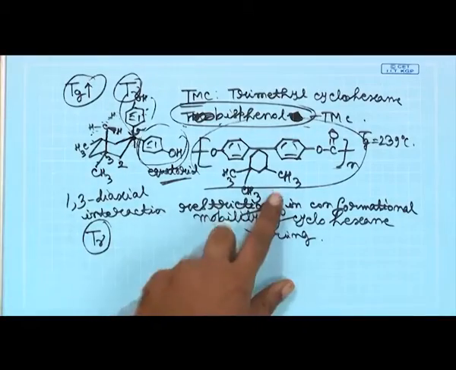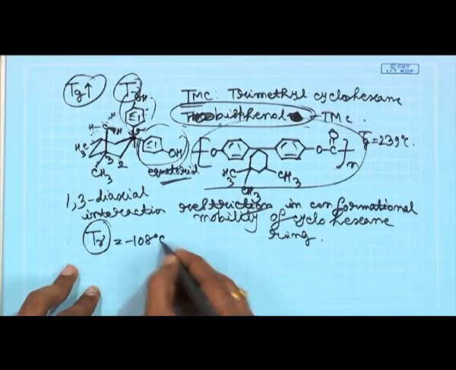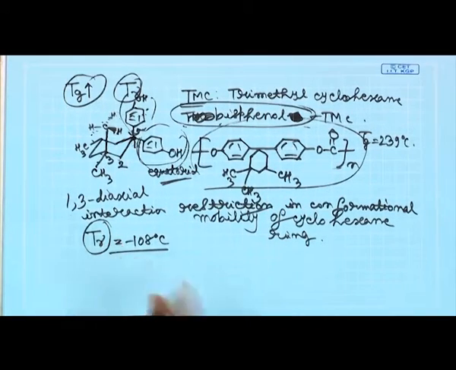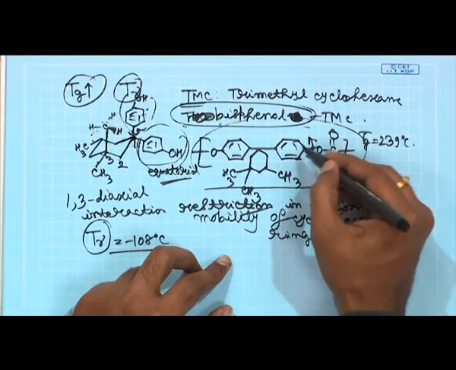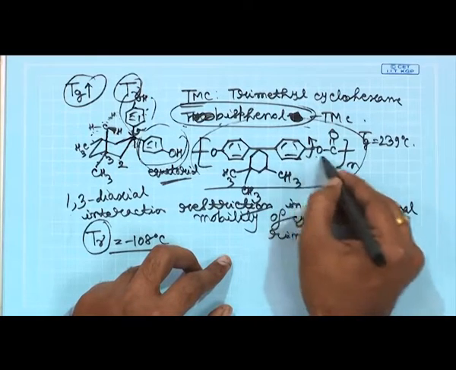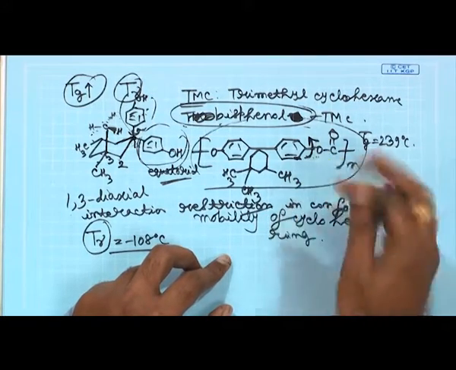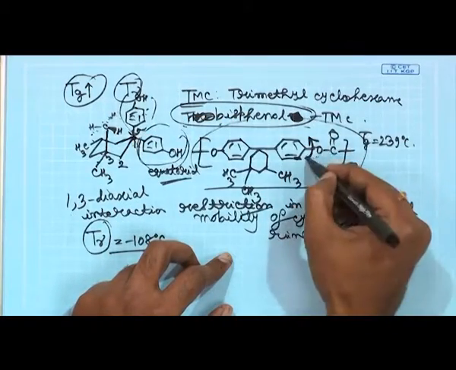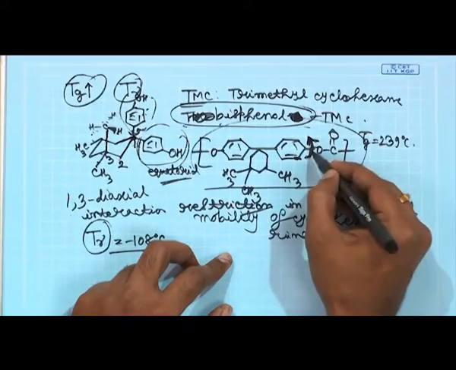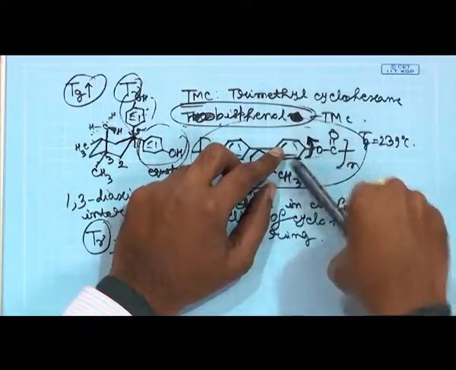Here in this material, the T gamma is minus 108 degrees Celsius, does not change at all almost. Why is that so? Because the mobility of this carbonate group around the phenyl ring, the phenyl oxygen bond, this mobility is not affected. The Tg is increased because it becomes highly rigid, but the mobility around this bond is not affected because you are not putting any steric hindrance here.